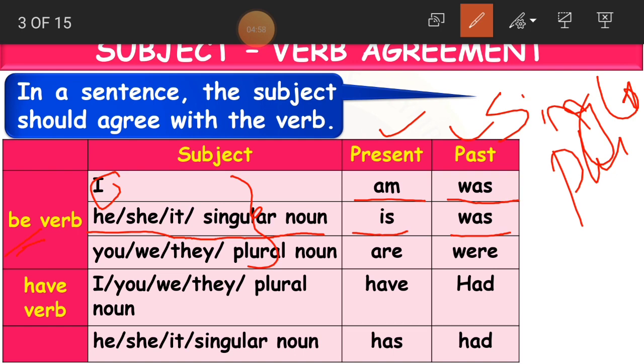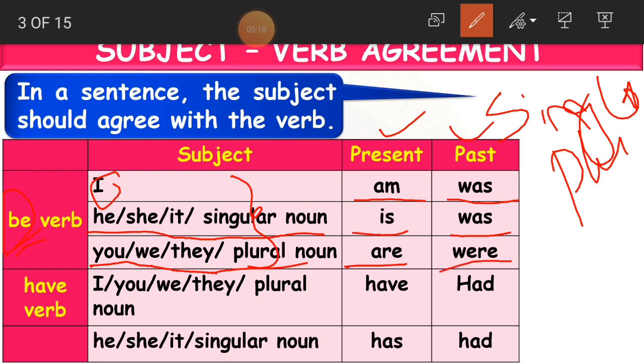Clear, children? So if the subject is you, we, they or any other plural noun, then in present tense the be verb becomes are, and in past tense it becomes were.